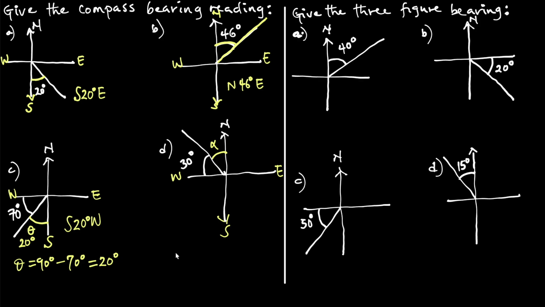So alpha is going to be equal to 90 degrees minus 30 degrees. And this is equal to 60 degrees. This 60 is now what we are going to use to name our compass bearing. So this is going to be north 60 degrees west. That is how it works. No big deal. Let's go to three-figure bearing.